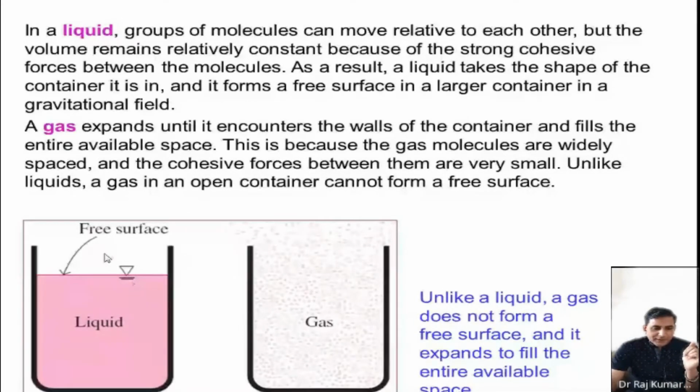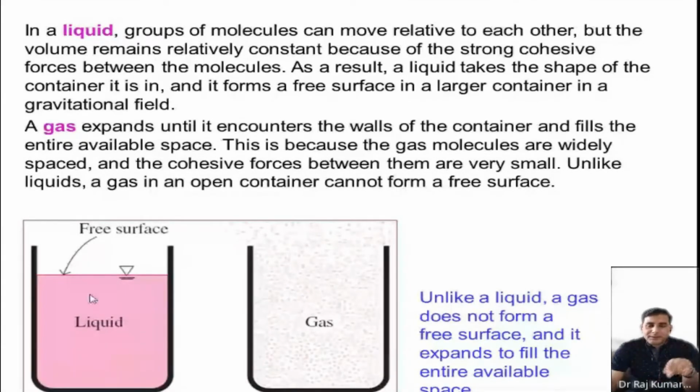So in the liquid case you have a fixed open surface, and this won't change with respect to time. That is the perfect definition of a liquid. The liquid molecules are not allowed to leave the surface because the cohesive force between the liquid molecules is sufficiently strong. So that is the definition of the liquid.